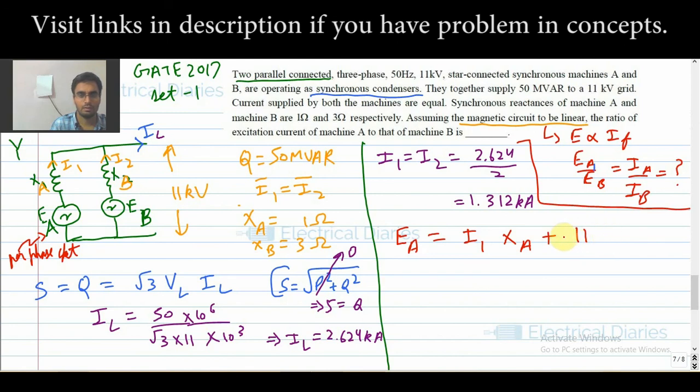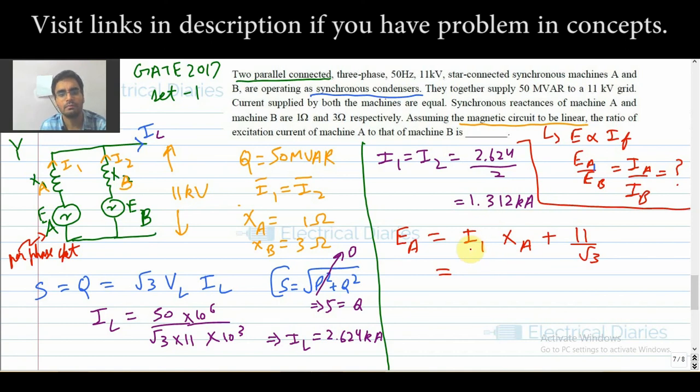We have to write it on a per phase basis. So I1 is 1.312. It is star connected. By default we assume star connected, so I phase and I line are the same. And yes, now there will be angles. These were the magnitudes, but we have to put the angles.